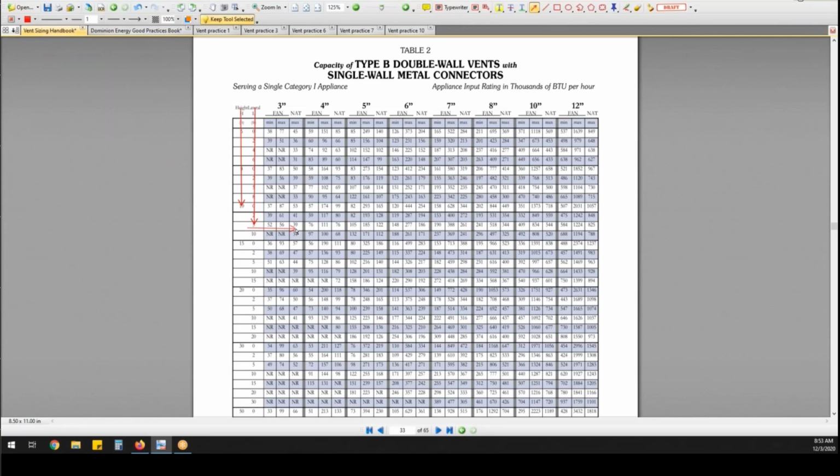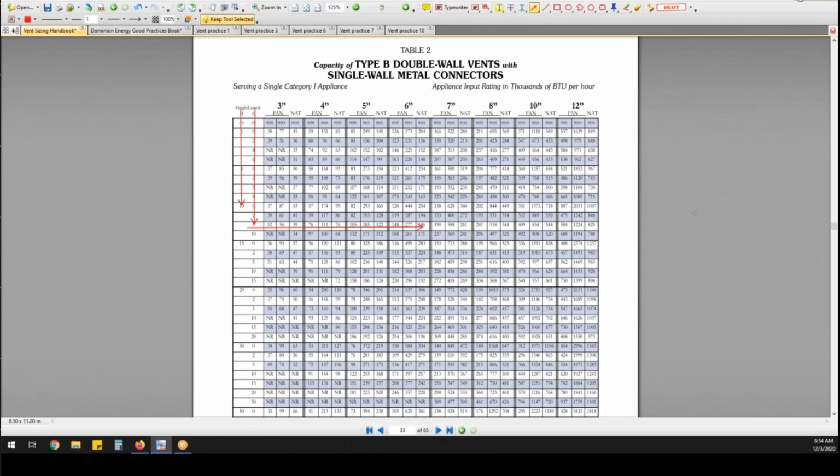Okay. So 3-inch won't work, 4-inch won't work, 5-inch won't work. So I could do that flue with a 6-inch single wall connector, and the main vent, or the main stack, or the main flue, whatever terminology you like to use, will always be double wall.